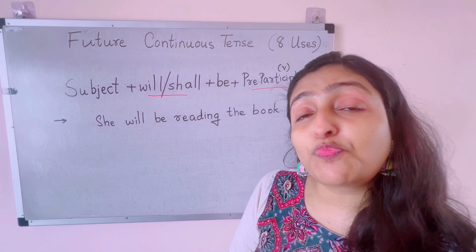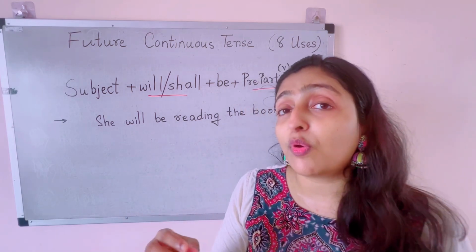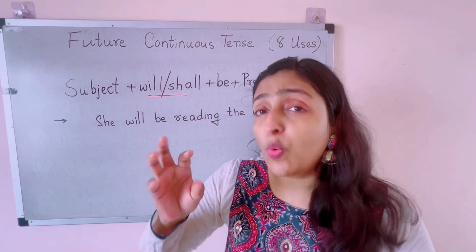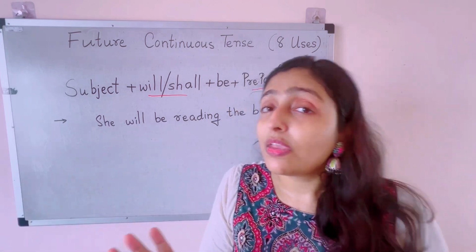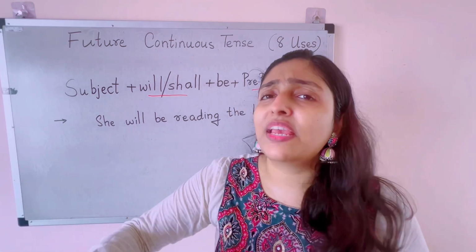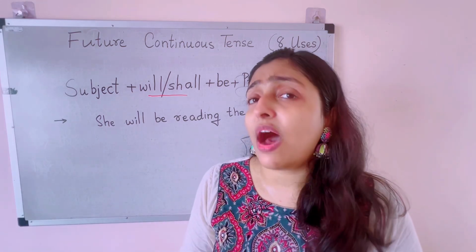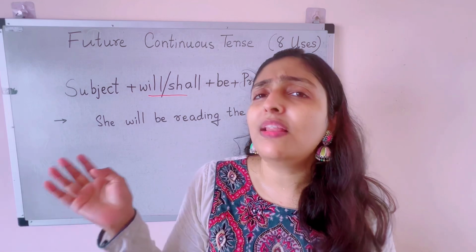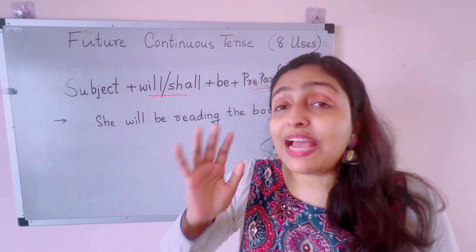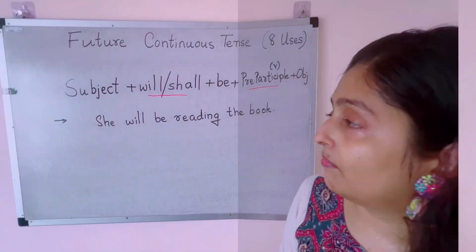Okay, what is present participle of the verb? Any form of the verb that ends in ing. Okay, playing, eating, all these forms of the verb are in present participle. What is past participle? The form of the verb that ends in ed.